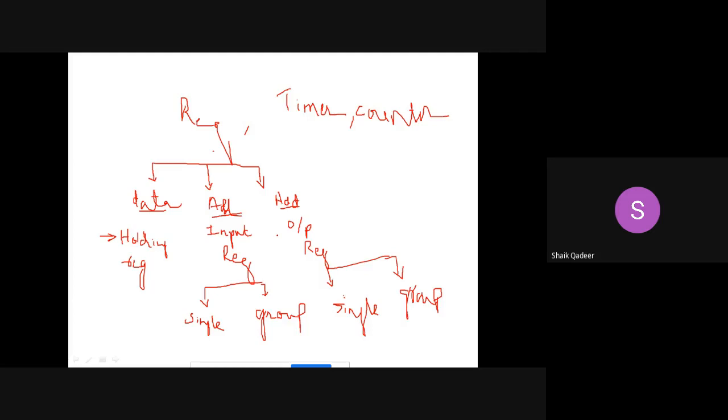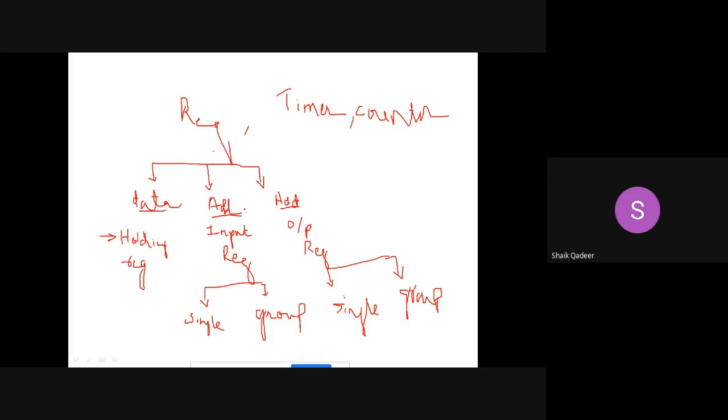First one, to hold data. Second one, to hold address. Then next, write down. The register which holds data is called a holding register, and the register which holds address is called an address register.